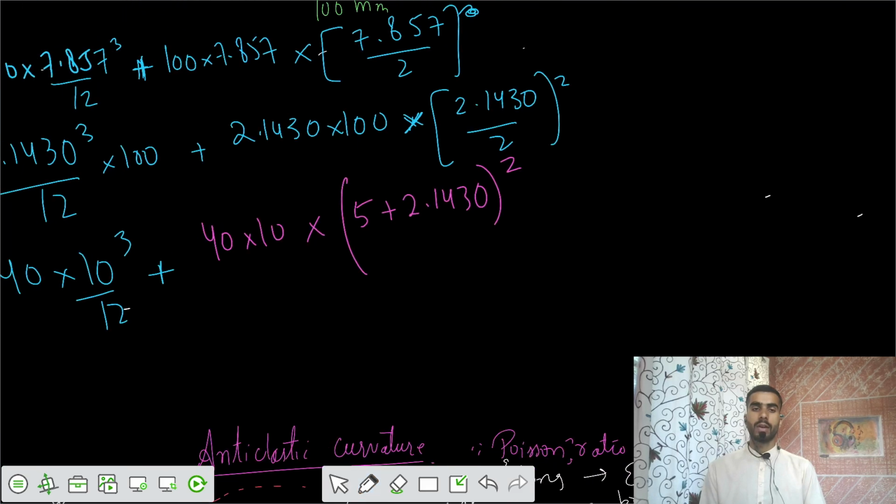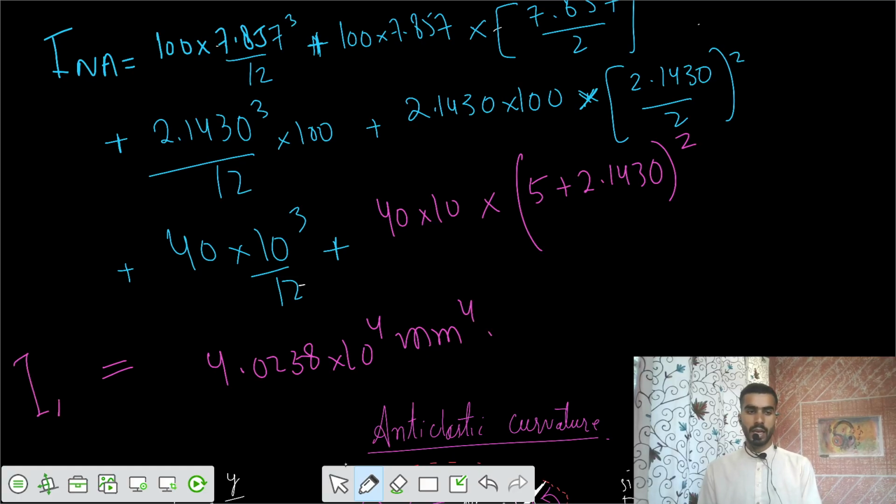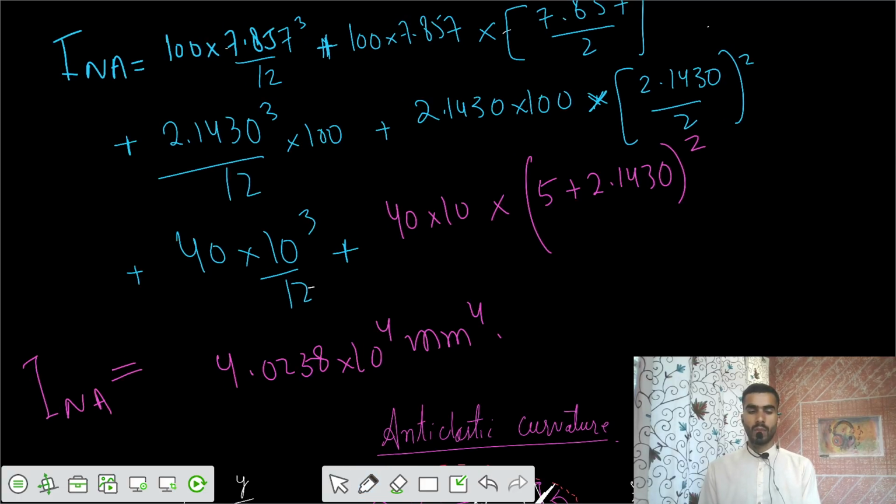And you get the value of I neutral axis, which finally comes out to be 4.0238 10 to the power 4 mm power 4. So you got this value of I neutral axis of the transformed section.